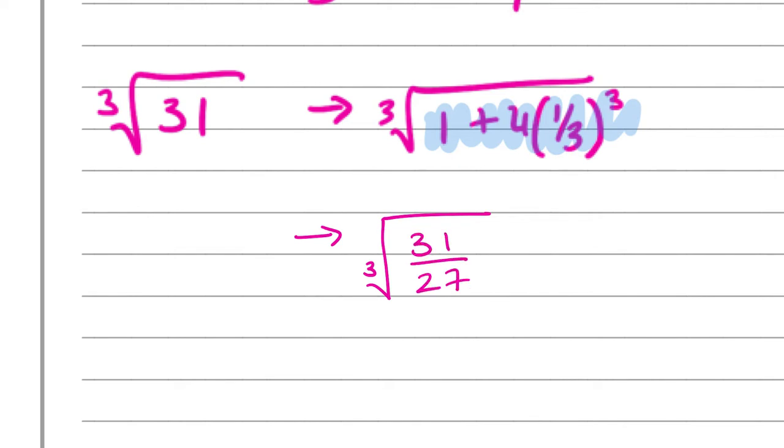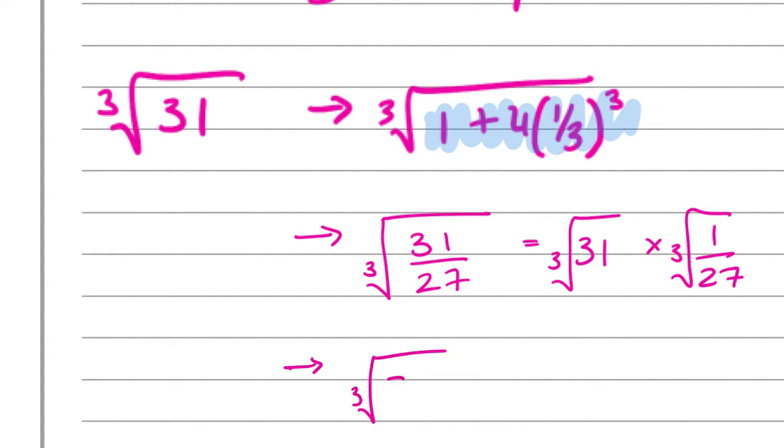However, what do I want? I want the cubed root of 31, right? So let's think about this. Cubed root of 31 over 27 is the same as the cubed root of 31 multiplied by the cubed root of 1 over 27. What is the cubed root of 1 over 27?